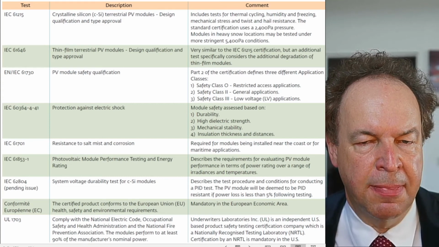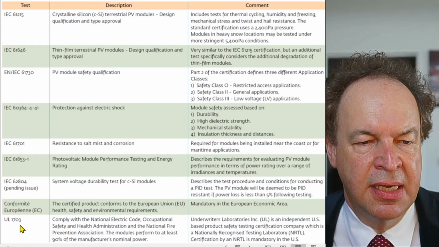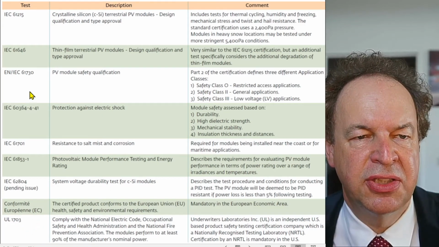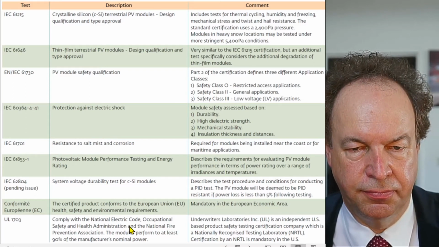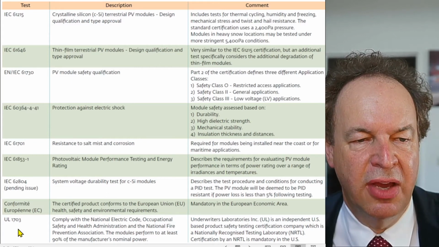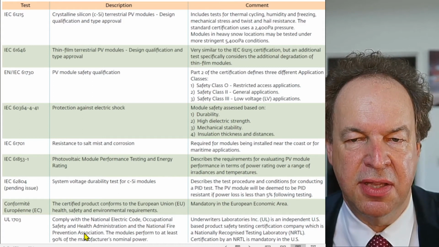So this is electrical safety, but also fire safety. And this, as I mentioned already, is very similar to the IEC 61730. If you want to make a project in the US, you have to provide the UL certification. The IEC is not enough, even if they are very similar.